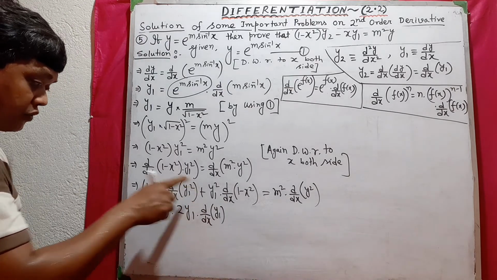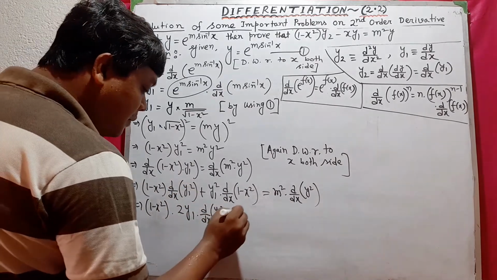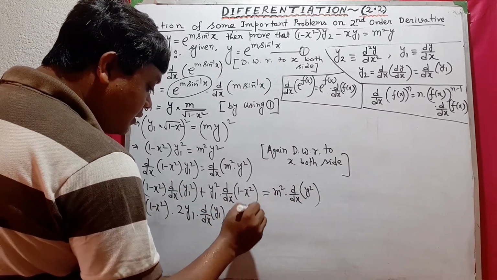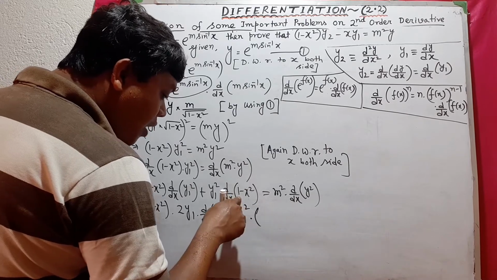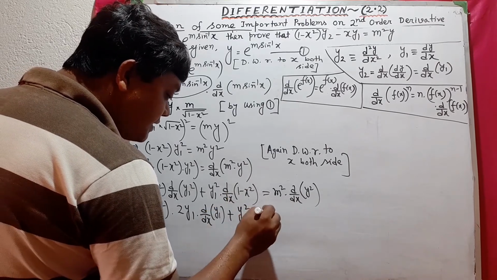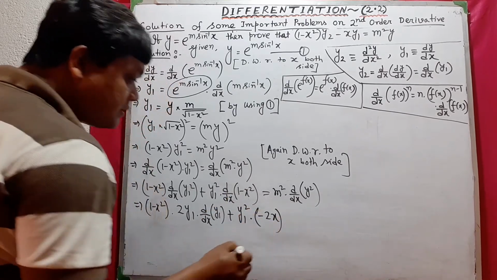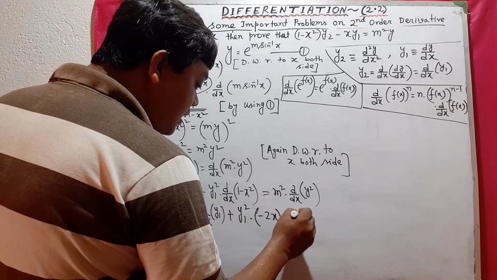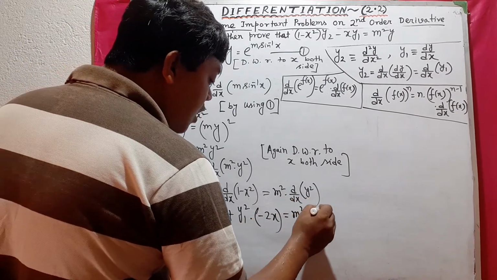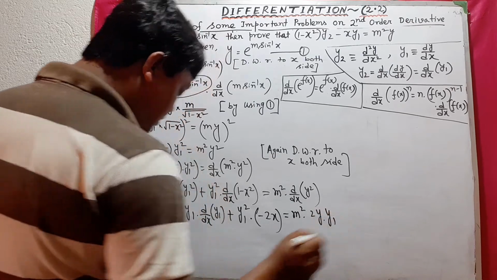So (1 minus x square) into 2 into y1 into d/dx of y1, that means y to the power 2 minus 1, that is y1, plus y1 square into derivative of 1 minus x square, that is minus 2x, equals m square into 2y into y1.